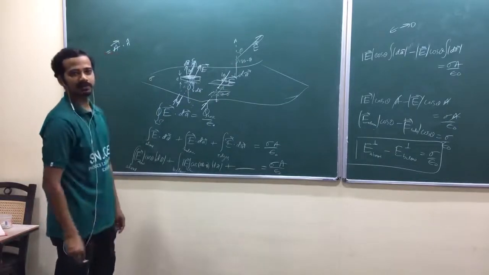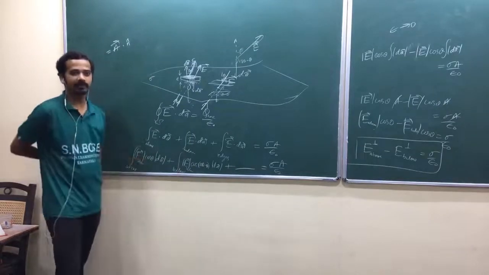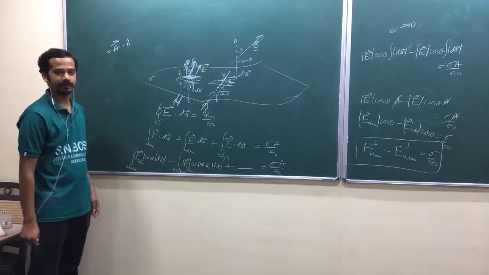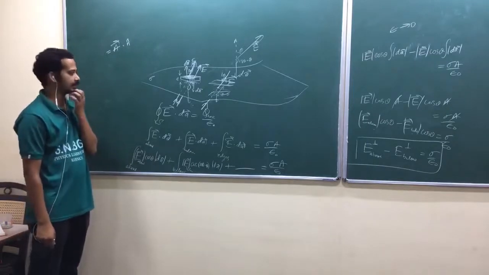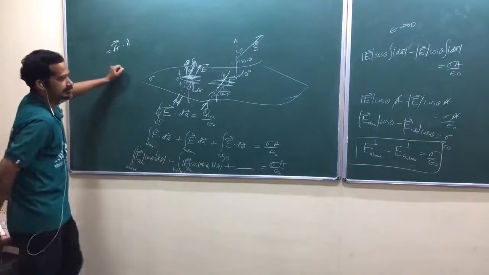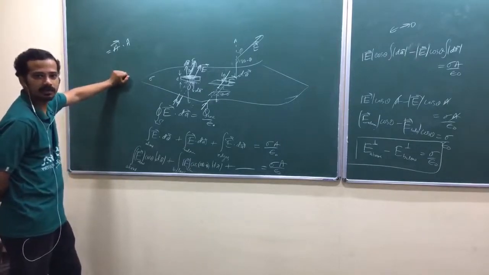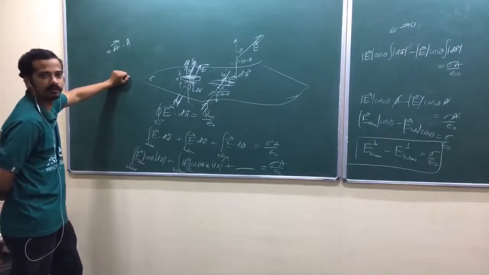Again, you are thinking about the infinite plane. Now, we don't know what the electric field direction is. It should be arbitrary. You have to take the electric field in an arbitrary direction. It's not the infinite plane problem.